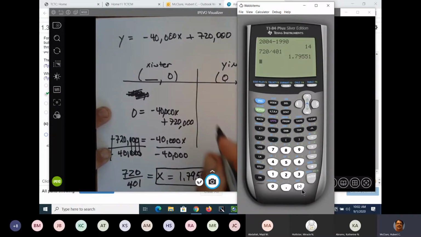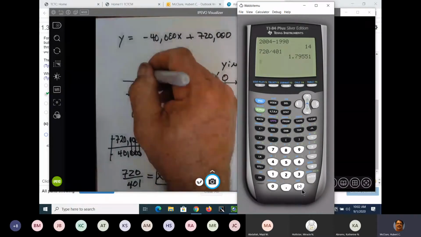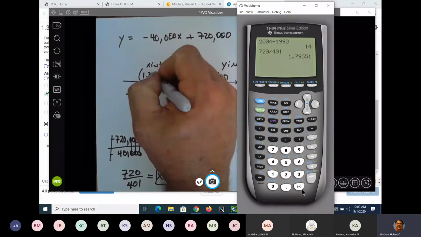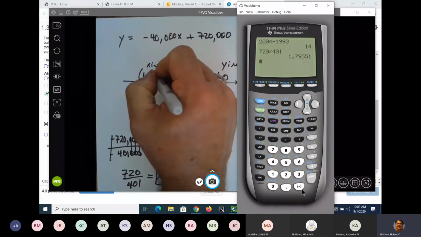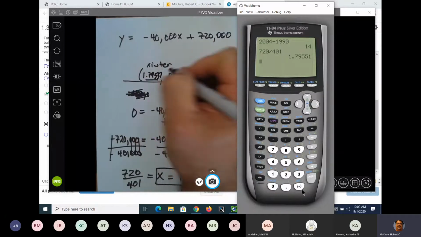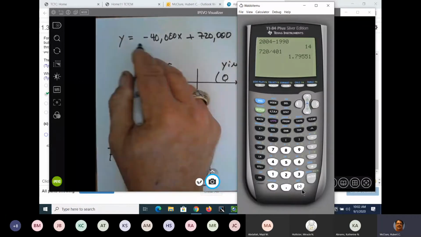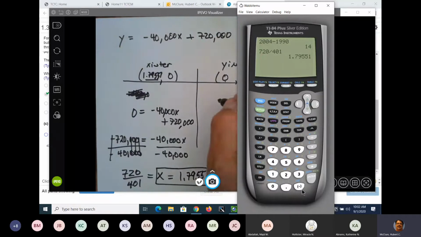So the x-intercept is 1.79551. And of course, 0 for x will give you 720,000. I'm not gonna do that, but that's pretty self-explanatory.